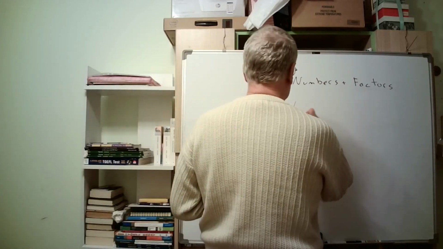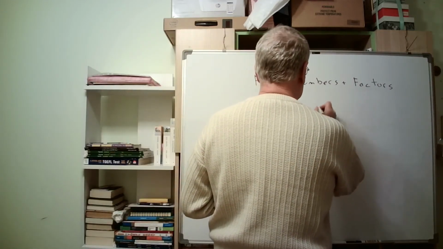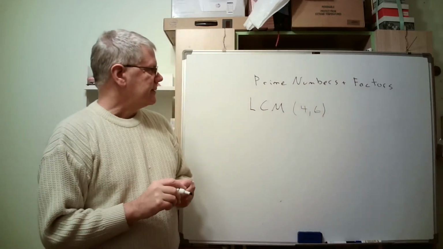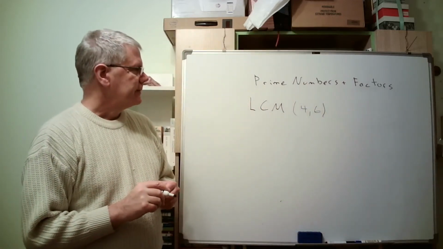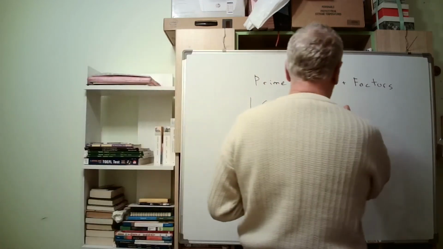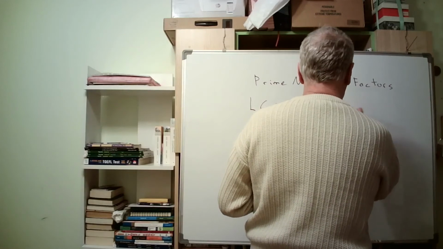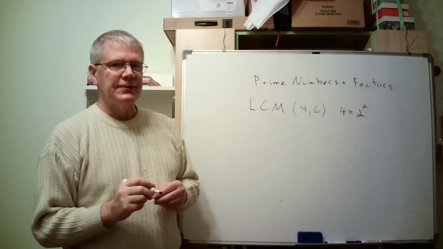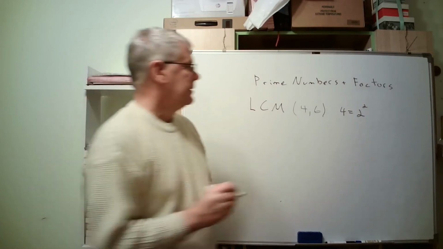So let's say we have 4 and 6. Let's see, it looks like 12 would work, but if I want to find that, the prime factors of 4 are 2 2s, 2 times 2.